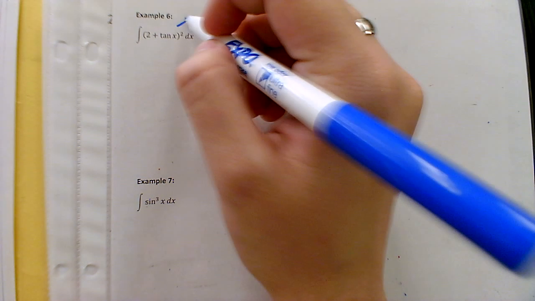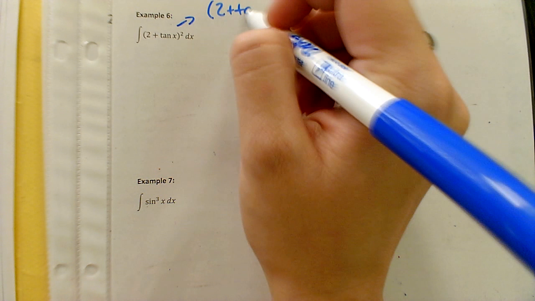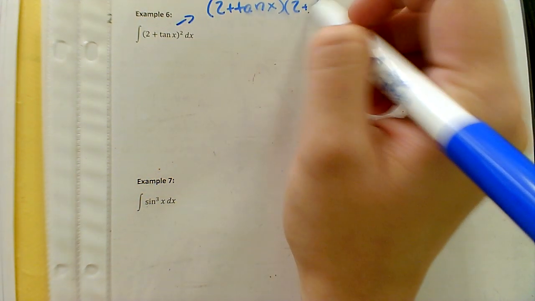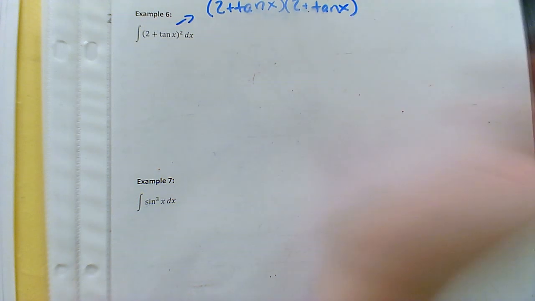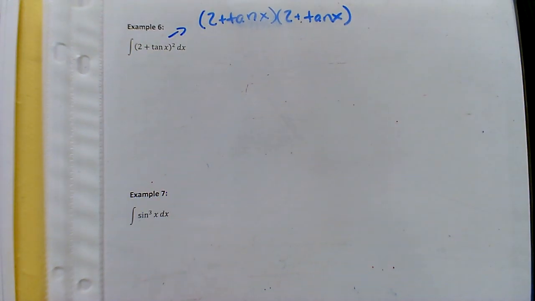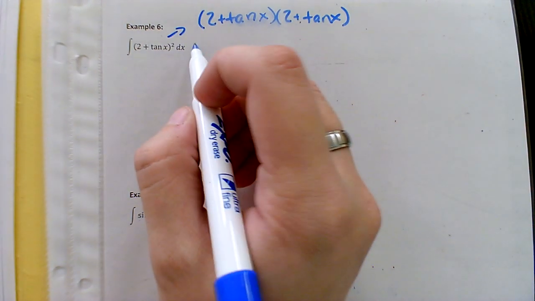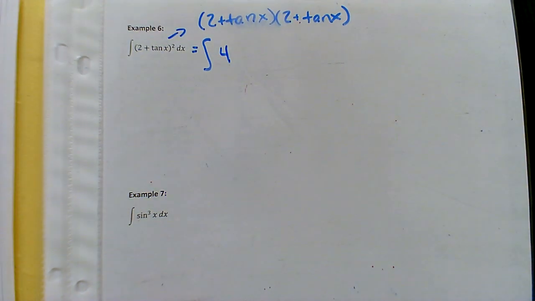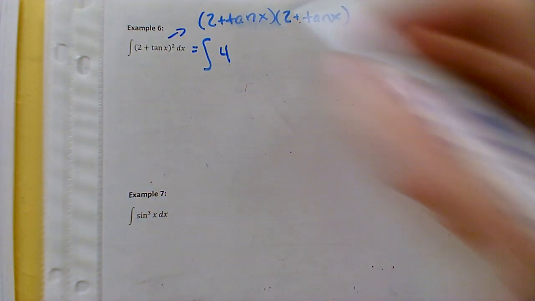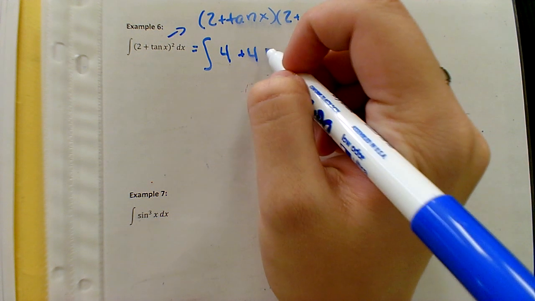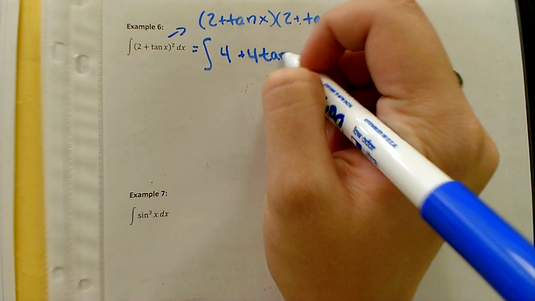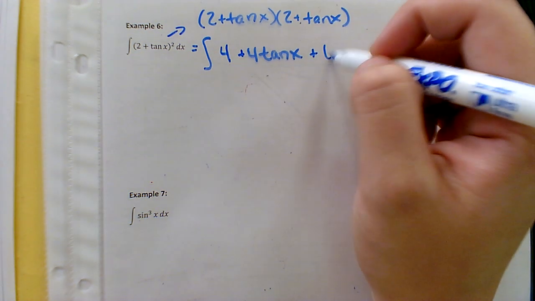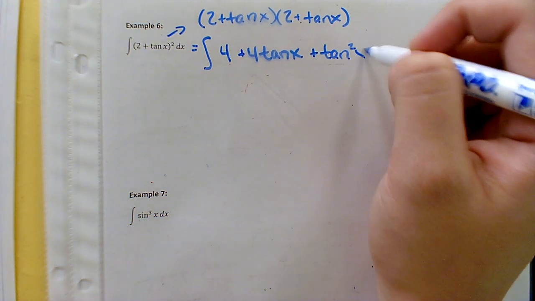Okay, so write it twice and go through a FOIL or distribution process. So we'd have 4, and then 2 tangent plus another 2 tangent would give us a 4 tangent x. And then we have a tangent squared.